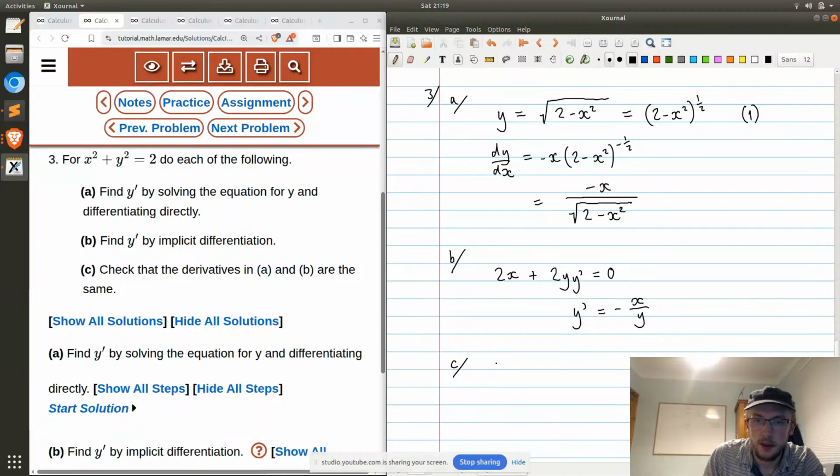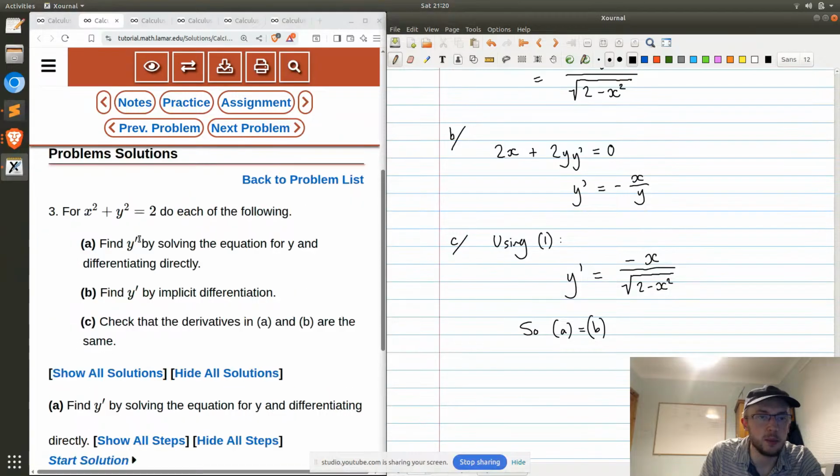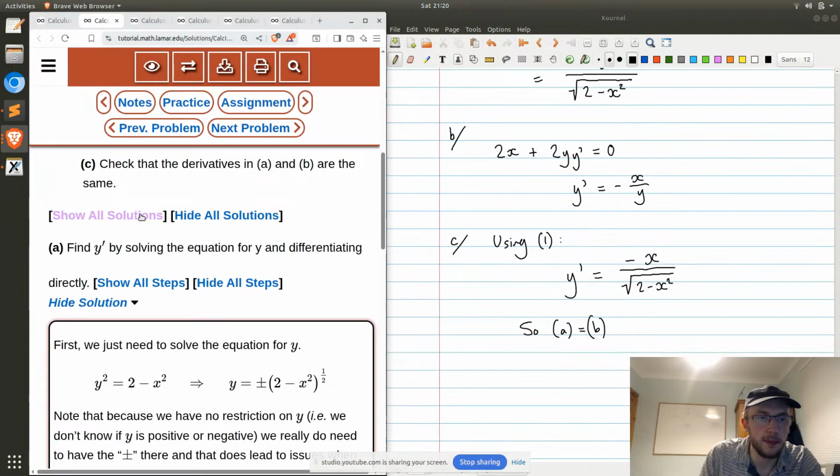So y prime is equal to negative x all over root of 2 take x squared, just like that. So part A is indeed equal to part B, and we check everything.